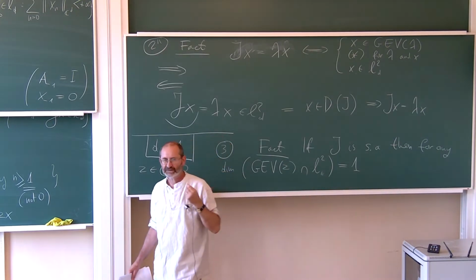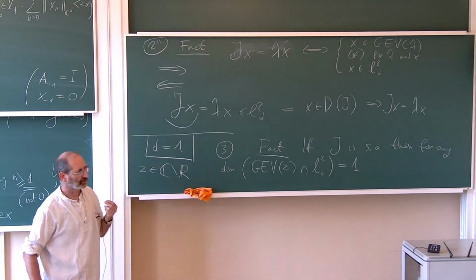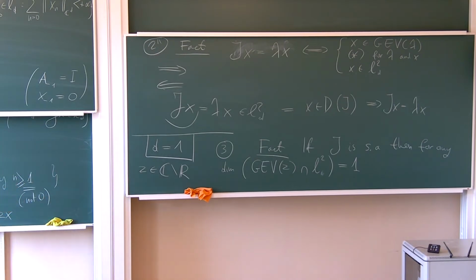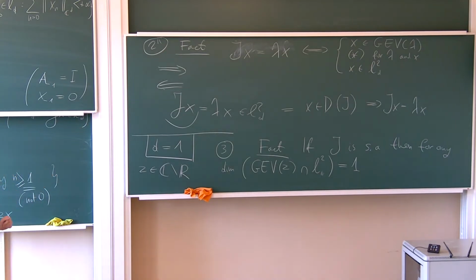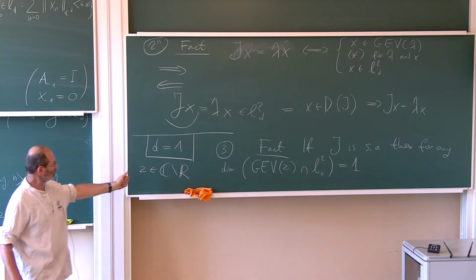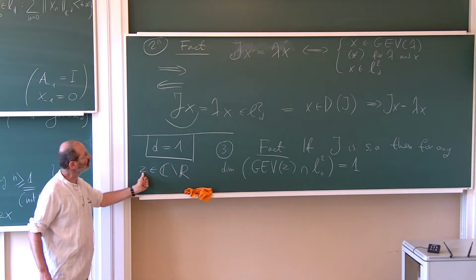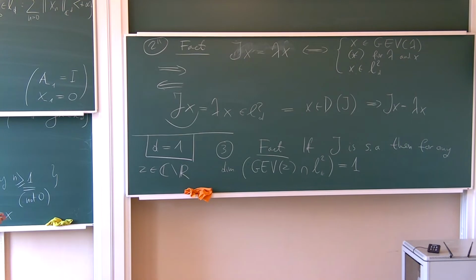But then we can choose initial conditions which satisfy this star condition, which means, using the fact here, that at such a z we obtain a non-trivial eigenvector.